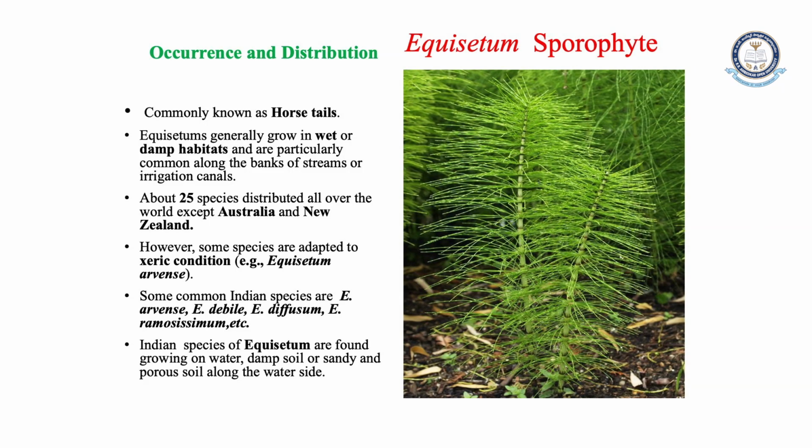Commonly known as horsetails, scouring rushes, or sometimes snake plants. Equisetum generally grows in wet or damp habitats and is particularly common along the banks of streams and irrigation canals.